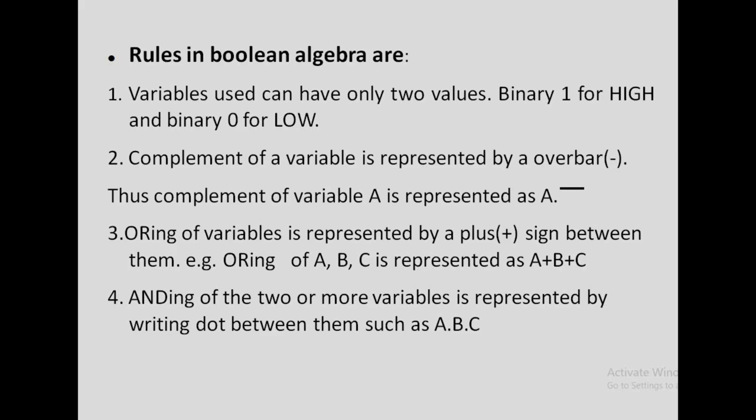There are some rules of Boolean algebra. Variables used can have only two values, that means binary values, either 1 or 0. Complement of any variable is represented by overbar. ORing of the variables is represented by plus sign. ANDing of two or more variables is represented by dot.